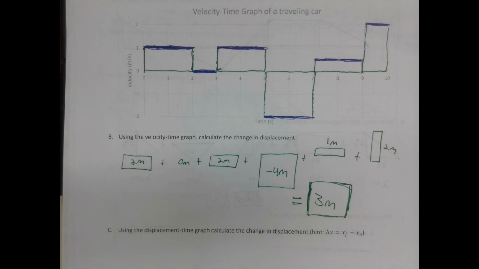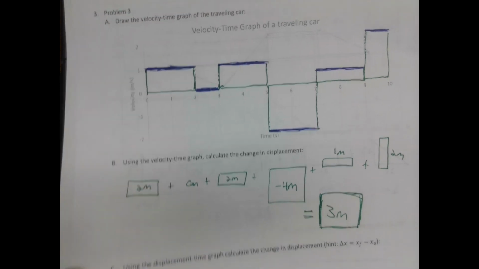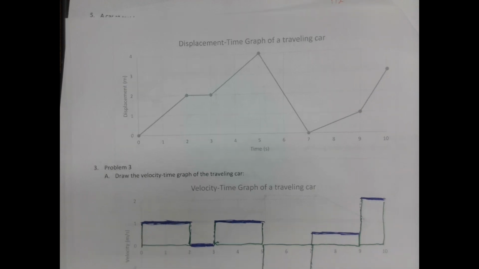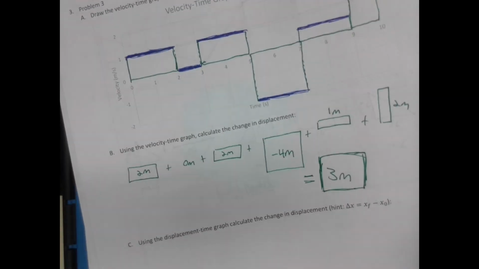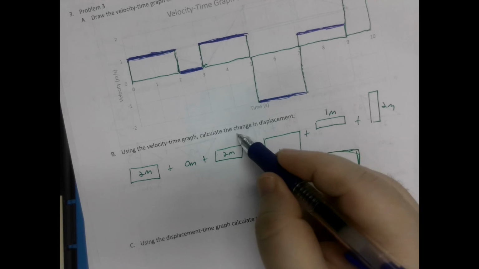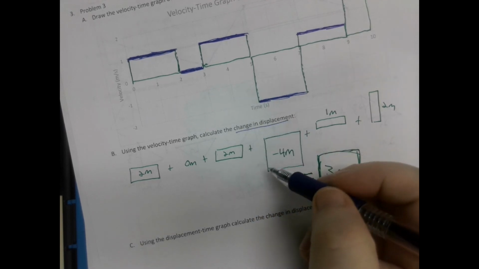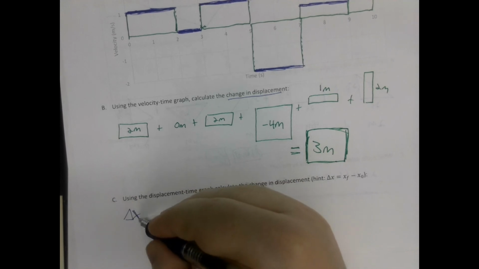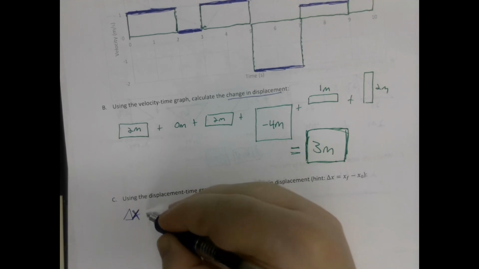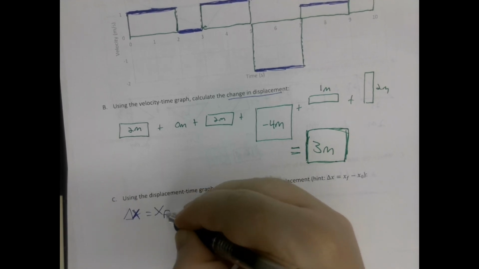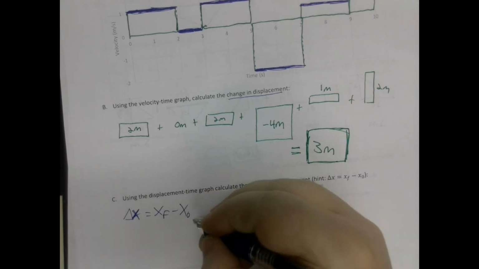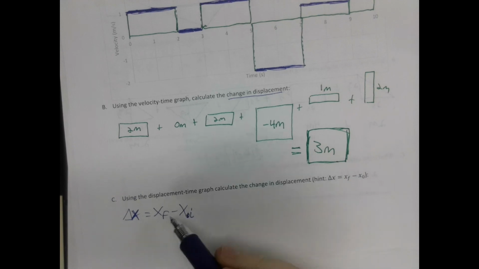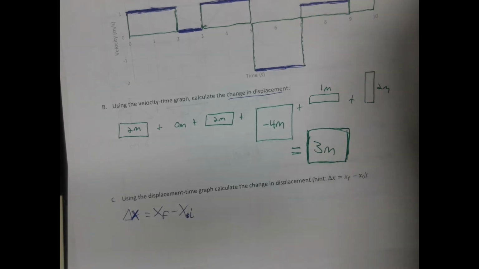Note, if you are given a displacement time graph, so we calculated the change in displacement. What is change in displacement? So delta x, our change in displacement, is equal to xf minus xi. So final minus initial.